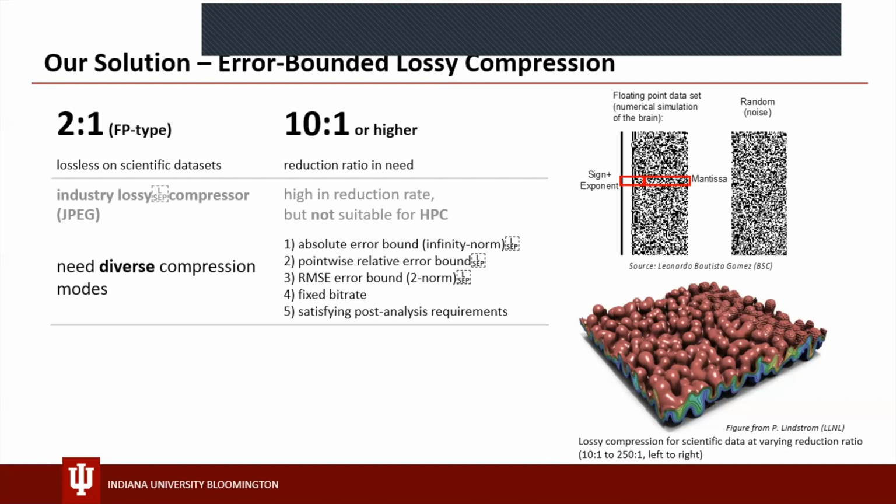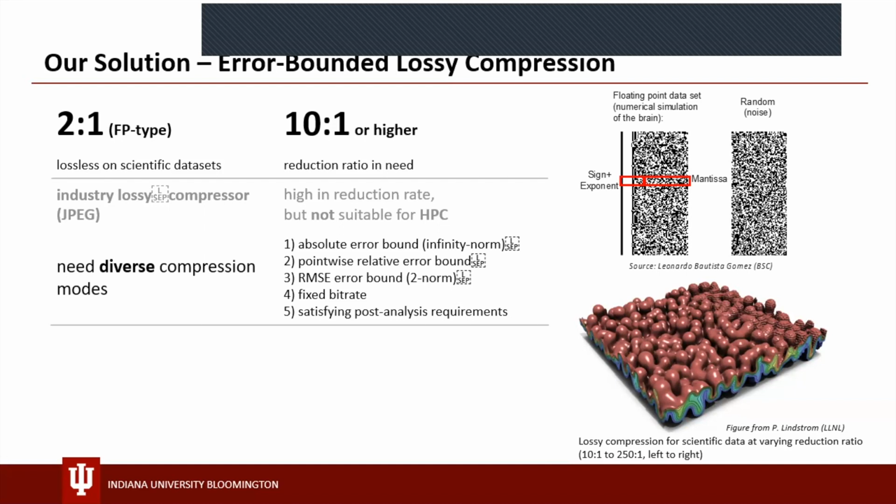But what's the uniqueness of scientific data lossy compression? The main difference is that for scientific analysis or discoveries, people need very strict control of the error introduced in the data. It's not like an image or a video, where as long as you can recognize it, that's fine.